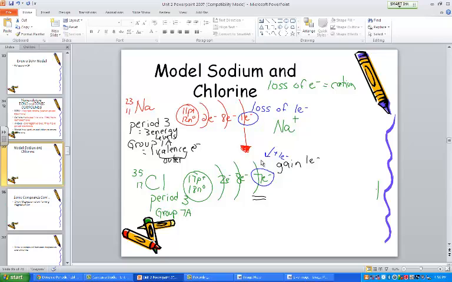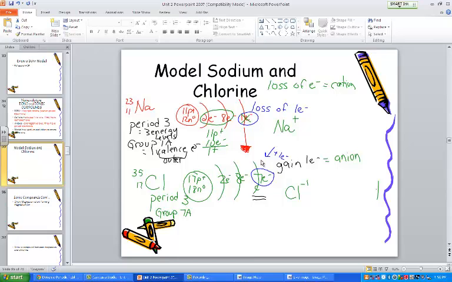The chlorine gained an electron. Gaining an electron produces an anion, a negative ion. The chlorine started neutral, but by putting in an extra electron, it now carries a -1 charge. Sodium was neutral as an atom. By loss of an electron, just one electron is lost, we still had 11 positive protons, but now with losing this electron, we only have 10, giving me a net +1 charge.